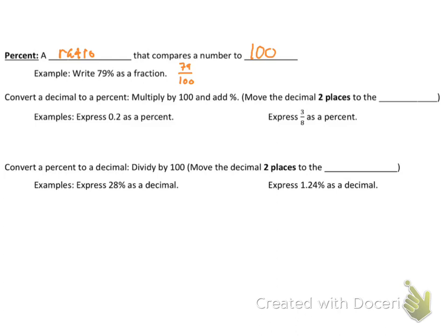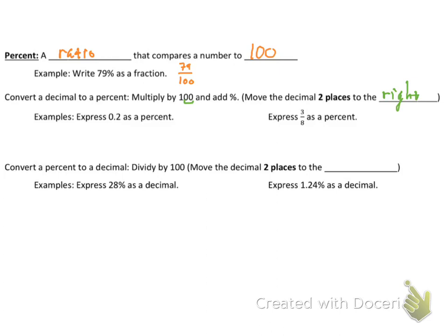So first thing we're going to do is convert a decimal to a percent. And the way we do that is to multiply the decimal by 100 and then add a percentage sign. So there's kind of a trick to it. If you'll notice, there's 2 zeros in 100. So all I need to do is move the decimal place 2 places to the right.